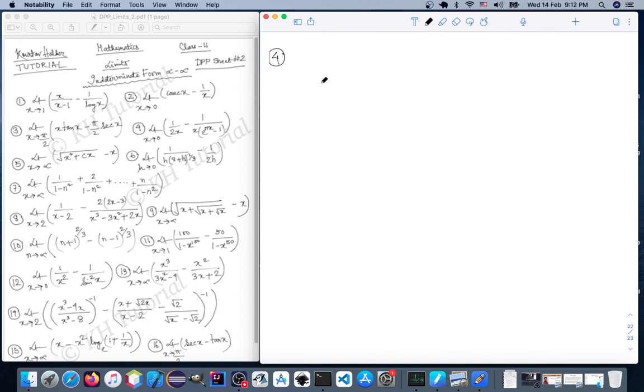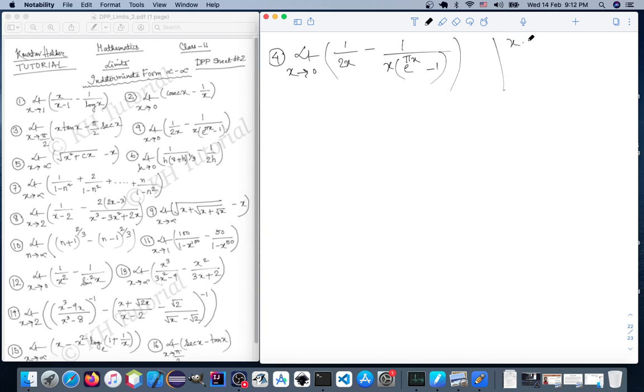Number 4 says limit x tends to 0 of 1 by 2x minus 1 by x into e to the power pi x minus 1.